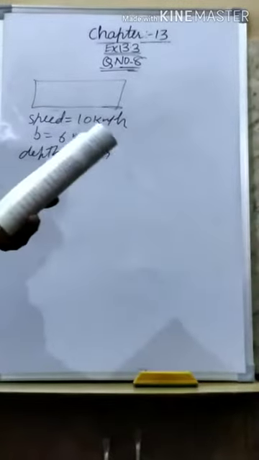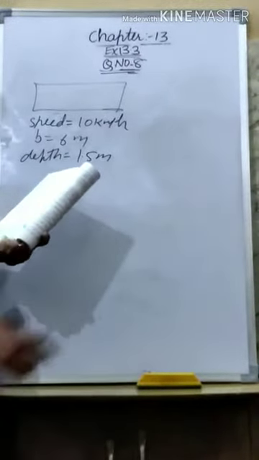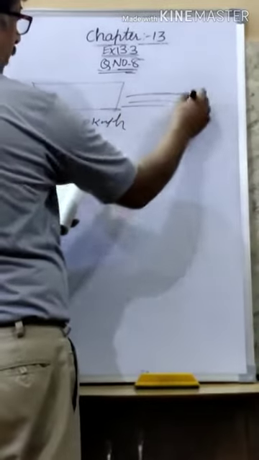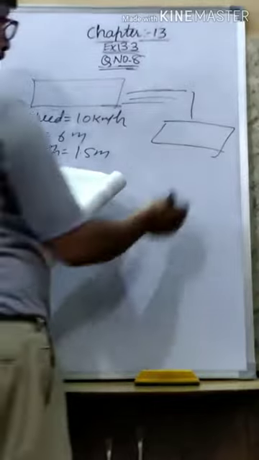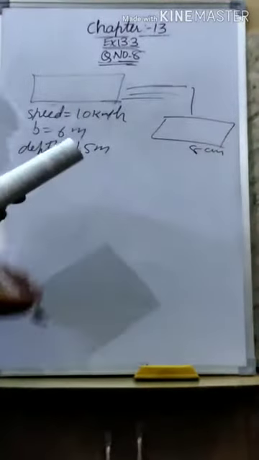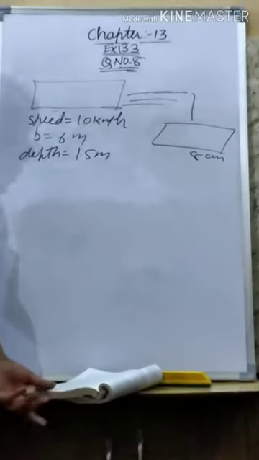It is flowing with a speed of 10 km per hour. How much area will it irrigate in 30 minutes if 8 centimeter of standing water is needed?